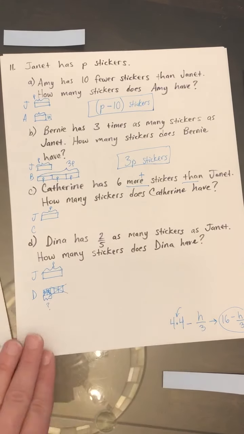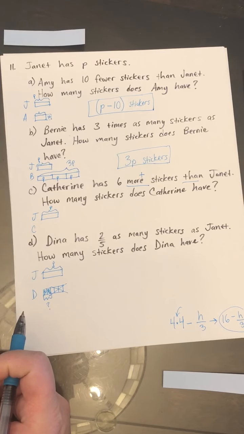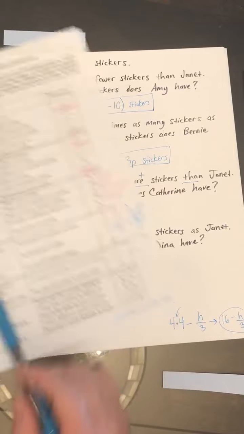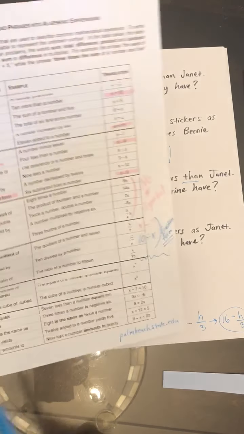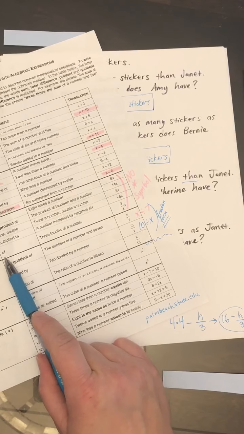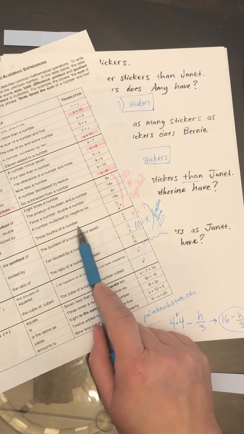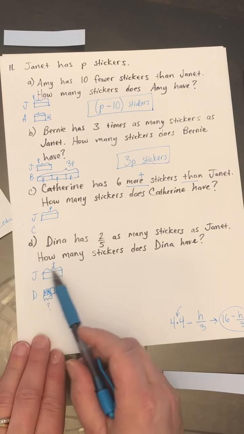And I want to figure out how to label this. So if you noticed a minute ago, I think we had one in here. If I look at my multiplication, it doesn't say the word of, does it? But I see something that reminds me a lot of this. So it says of means multiplication in our notes, and it says I want 3/4 of a number. Well, in this case, I want 2/5 of a number.